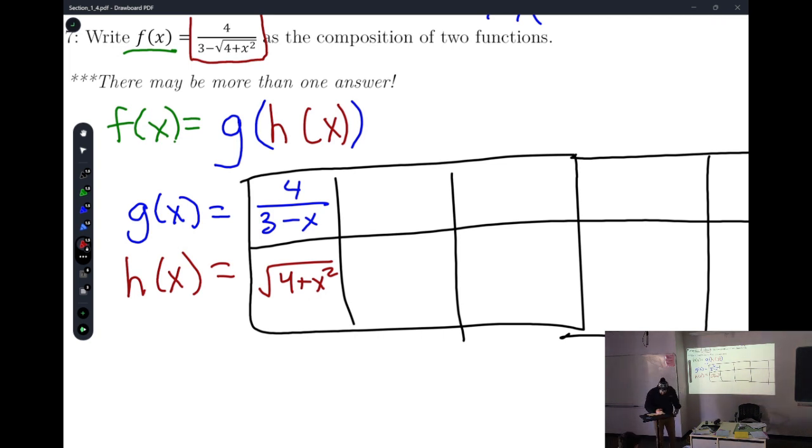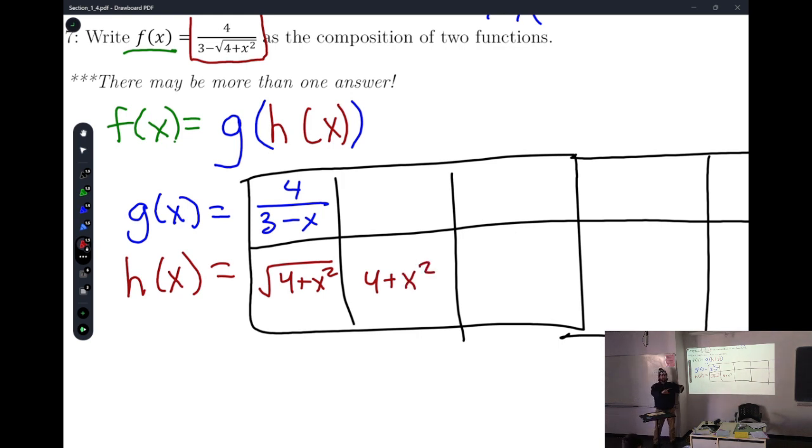So what's your outside? 4 over 3. That's it straight up? Well, then we have nowhere to plug anything in. I know, that's what I told you. Okay, give me the inside function. I changed my mind. Do you have an inside function we can try? It's 4 plus x squared. Oh, we can work with that.